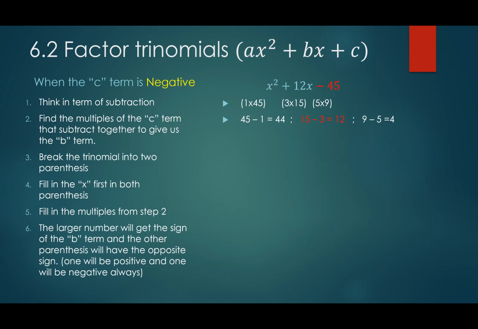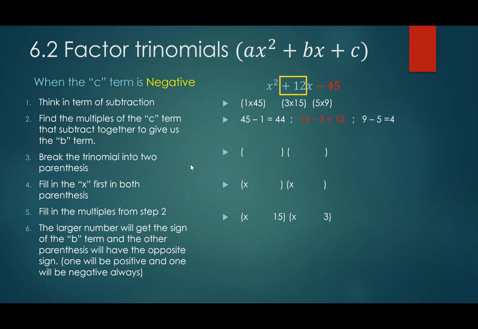Now, once we identify that, all we need to do is break it into 2 parentheses, fill in your x's, and fill in your multiples. Just like before, right? Break into 2 parentheses, fill in the x in the first item, fill in the multiples. Now, what is the middle sign? Because the middle sign is positive, everybody see that the bigger number will be positive and the other one will be opposite, which is negative.